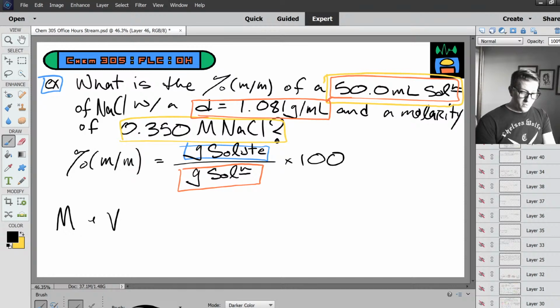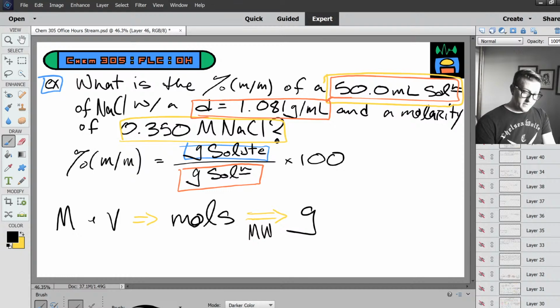Molarity and volume can get you to moles of solute, and to go from moles to grams, we can do that using the molecular weight.